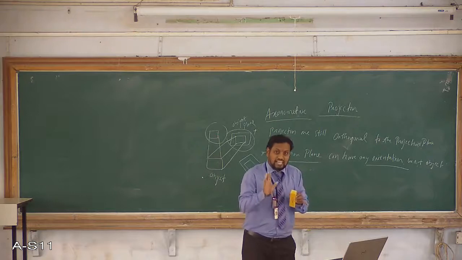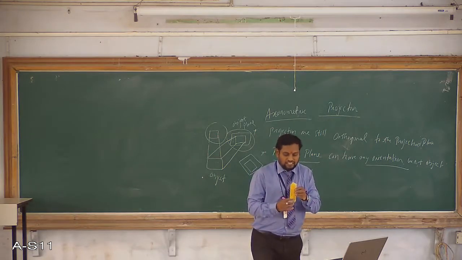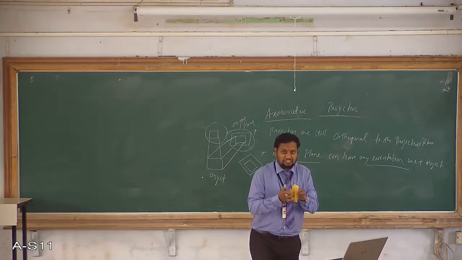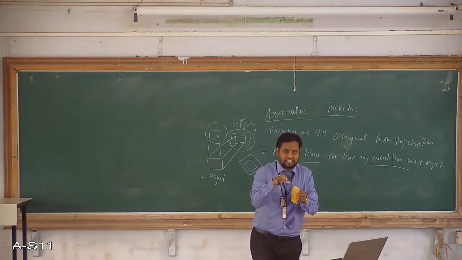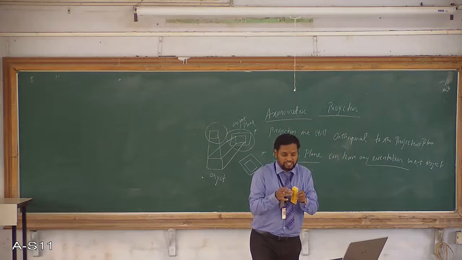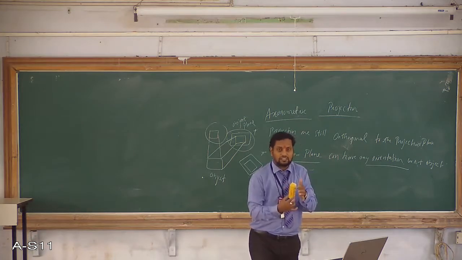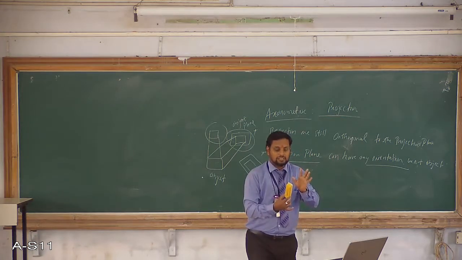If I say isometric, the object is placed in a correct way so that both these side views are correctly in the angle and can be viewed correctly. This side appears, that side also appears, and the top side is also properly visible.